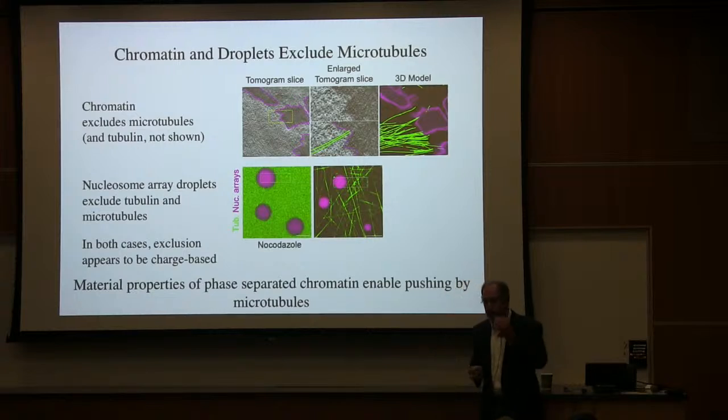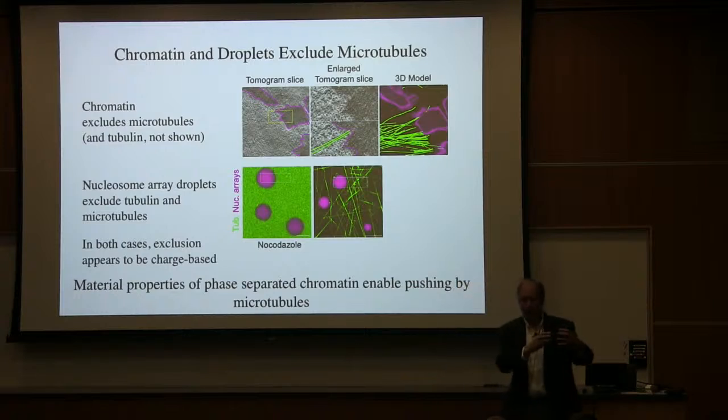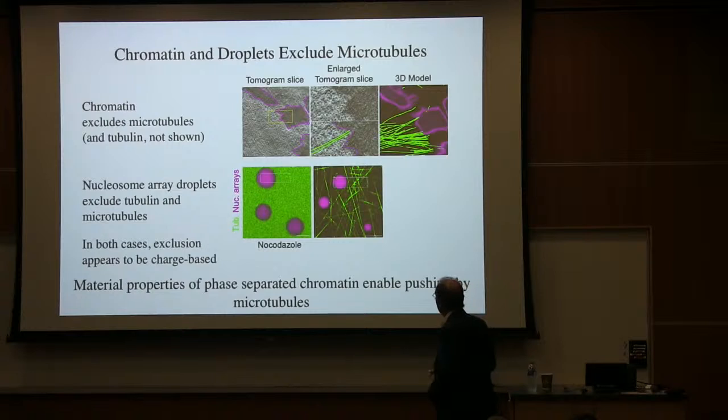Now, for technical reasons, we weren't able to do an experiment where we could create an array of microtubules that would push on the droplets. We were hoping to be able to do that, and just again, for technical reasons, it never worked out. But at least looking at these non-dynamic systems, it seems pretty clear that both tubulin and microtubules don't get into our droplets, paralleling what one sees in vivo in cells.